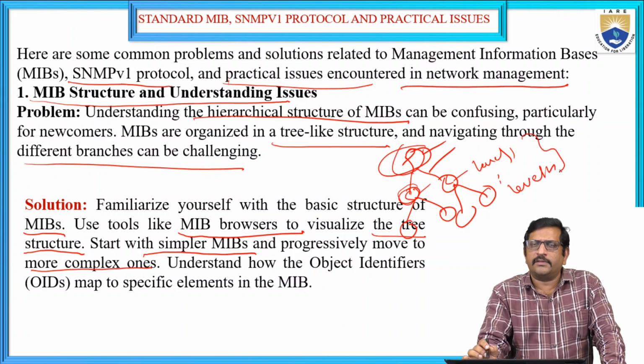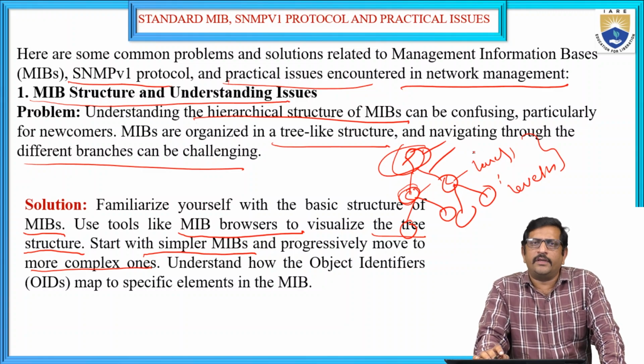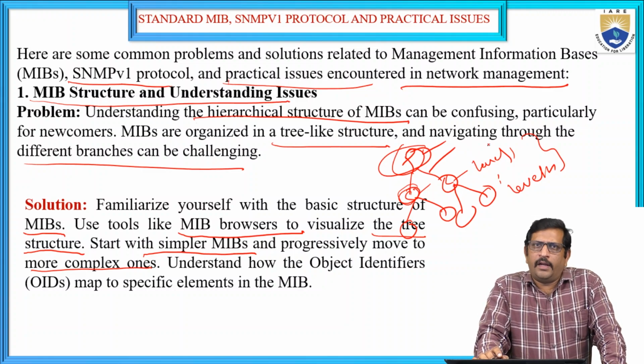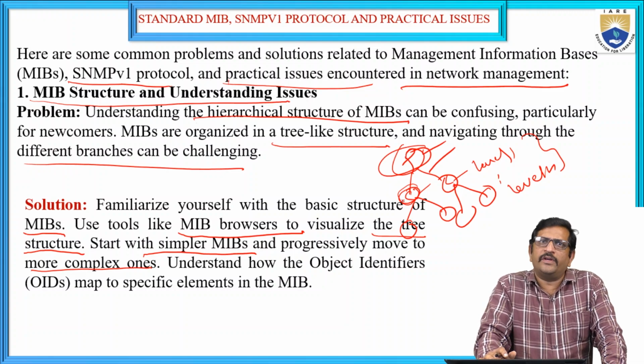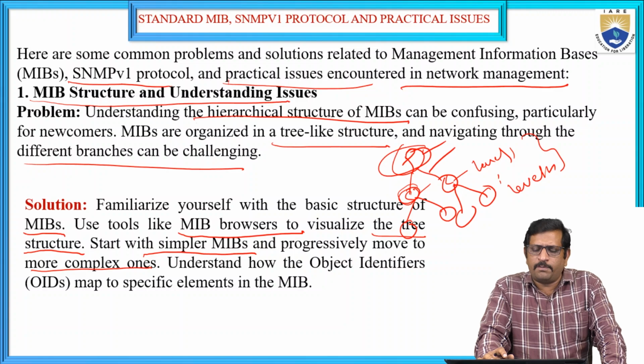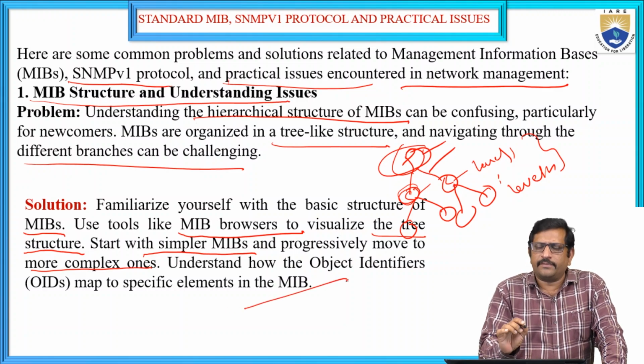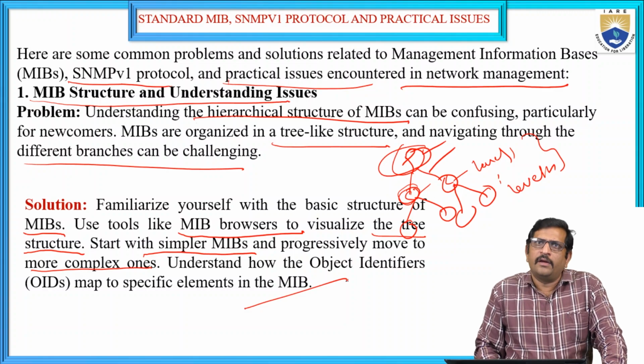The data can be stored at each and every level. We also need to understand how the objects are identified and mapped. That means what data we are storing at a particular node, and how the data is mapped from one node to another in a hierarchical form to the specific element in a management information base. So this is a solution.